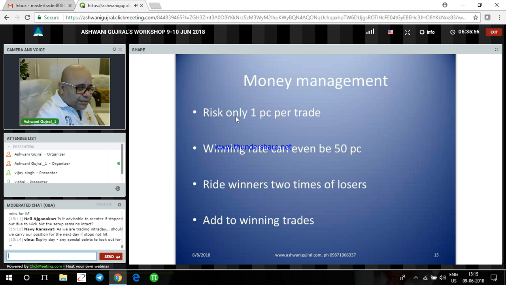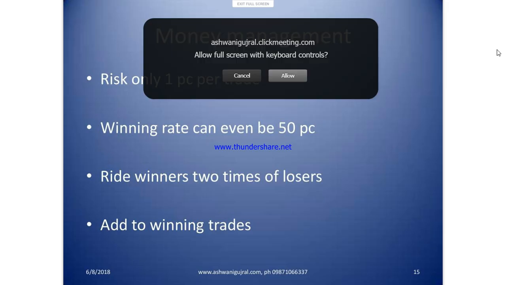It can be different from what is given in books or what is given elsewhere because there is no one method of doing anything in the market. There are several methods. So my money management is geared more towards futures trading.